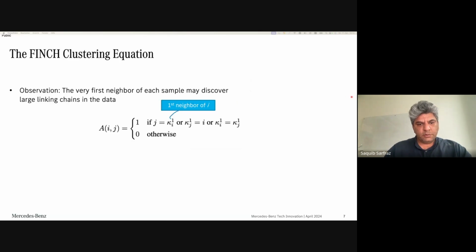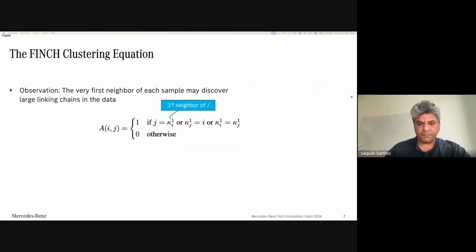So next, I will give you a very quick walkthrough of how Finch works. The idea is based on an important observation that the first neighbor of each sample in the data can form large linking chains.